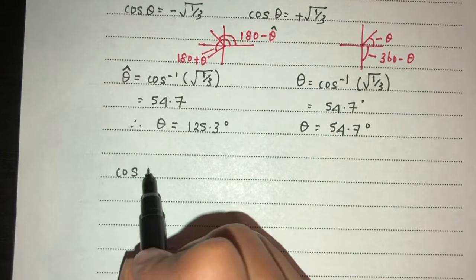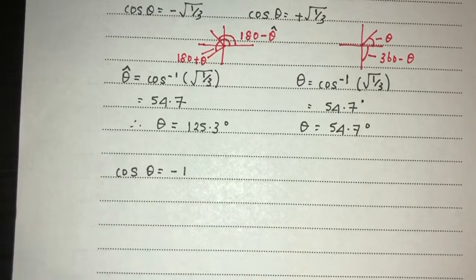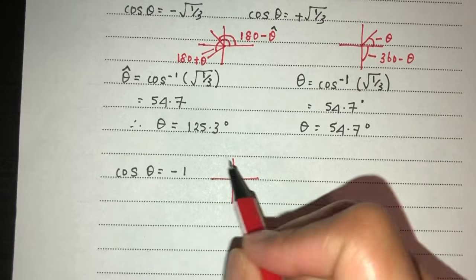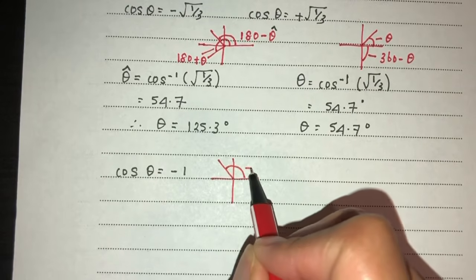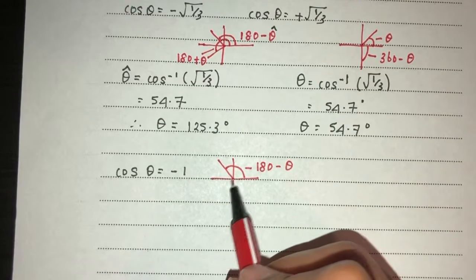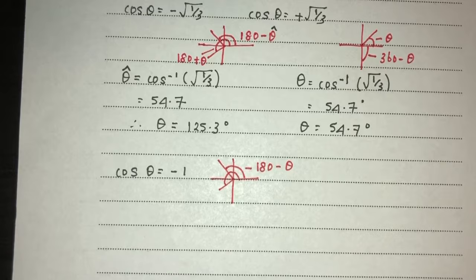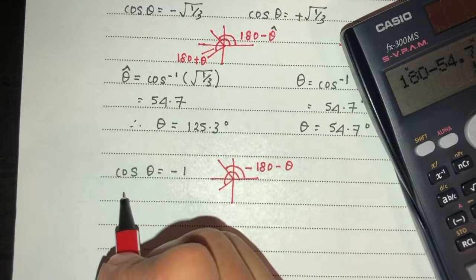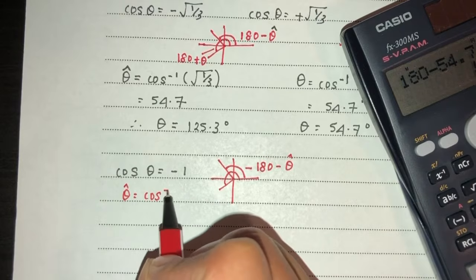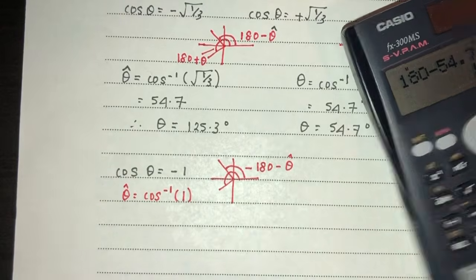Now for this one, we have cos theta is equal to minus 1. Again, using the same technique, that has to be in your second quadrant, which is 180 minus theta, and also in your third quadrant, which we don't need because of the domain. Now first step is to find the fake one, that will be cos inverse of the positive value of 1.